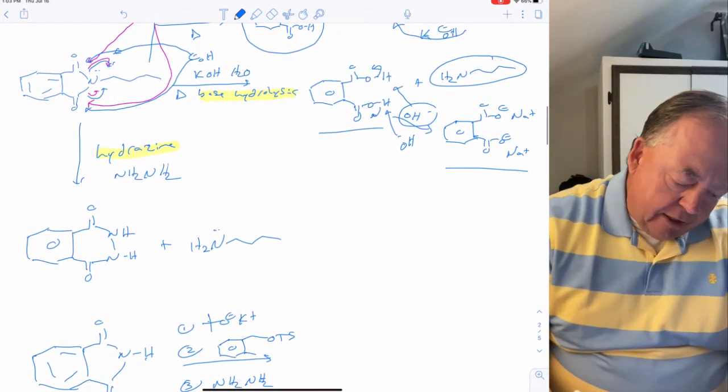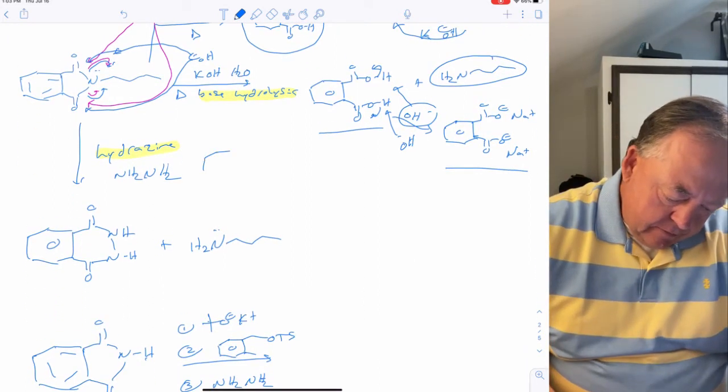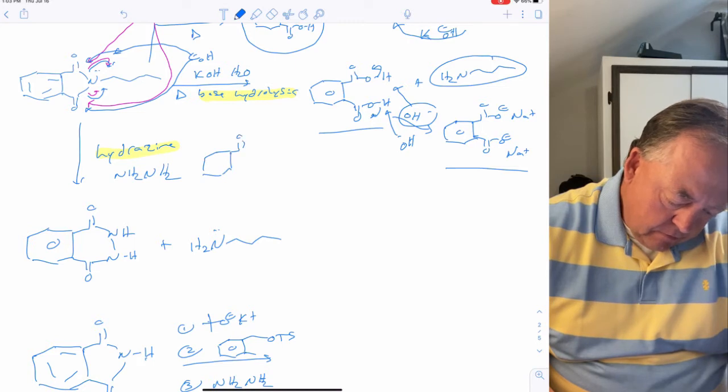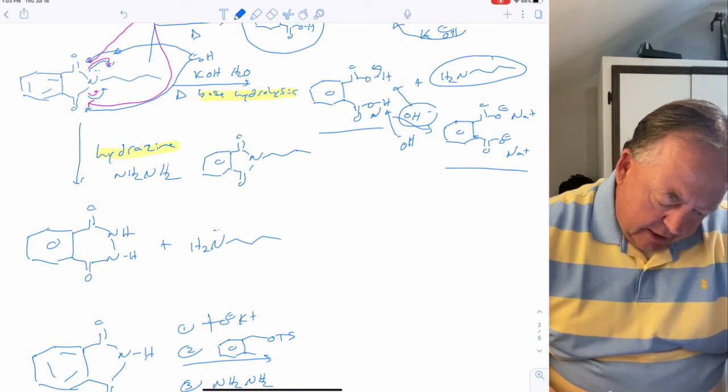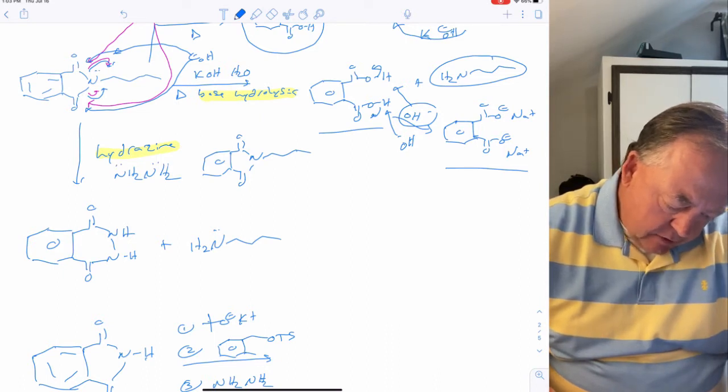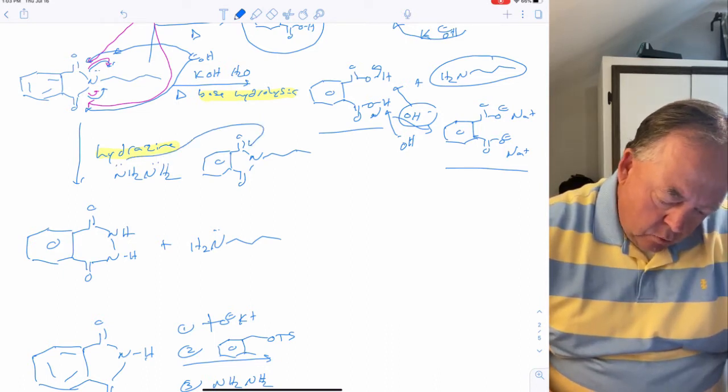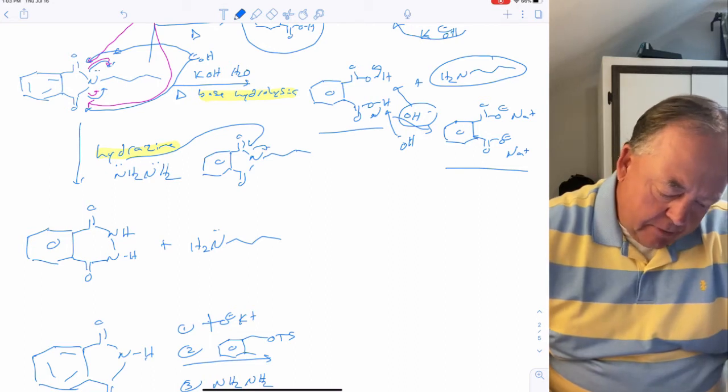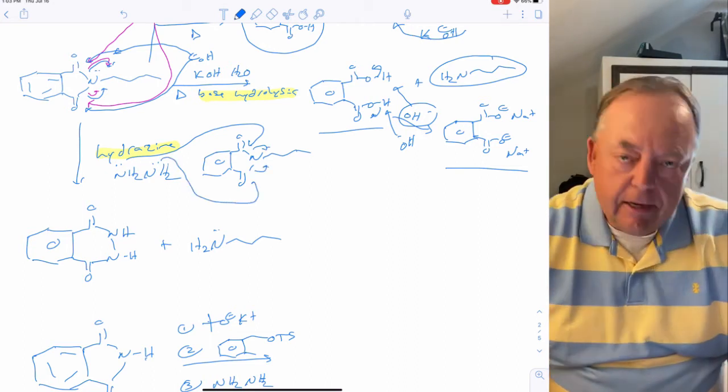Or you could react this with hydrazine. What happens is similar. One nitrogen reacts here and opens that up, and the other nitrogen reacts there and opens that up.